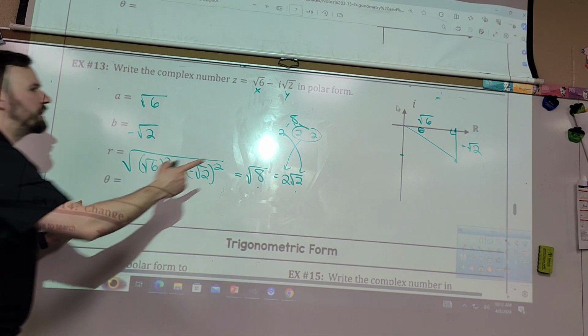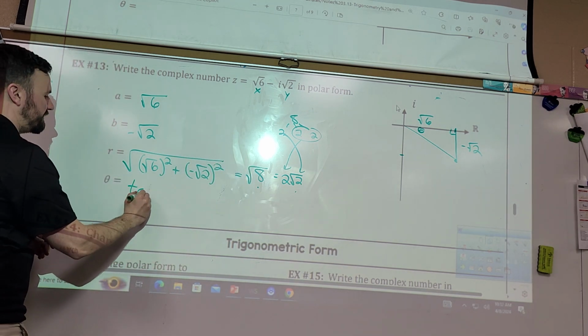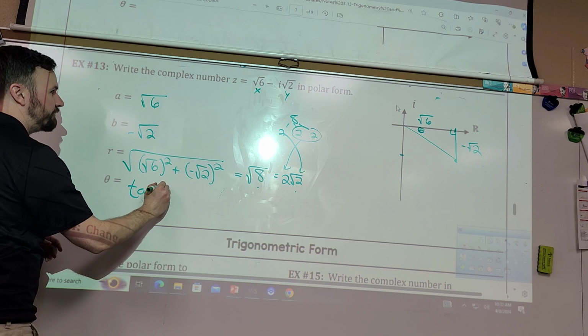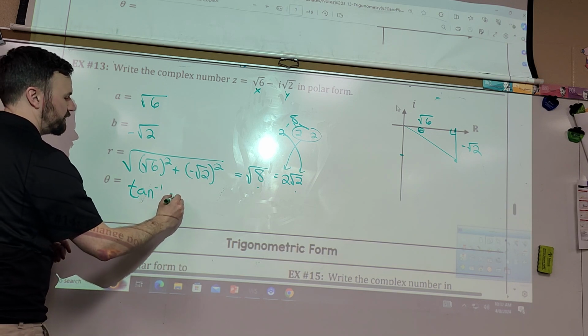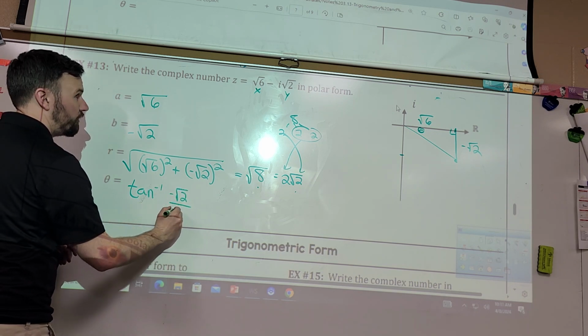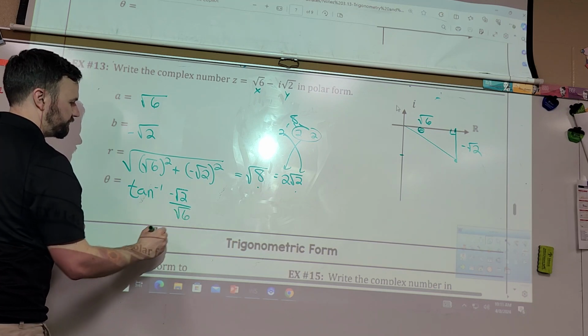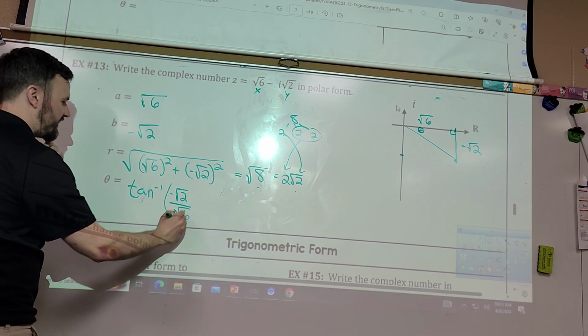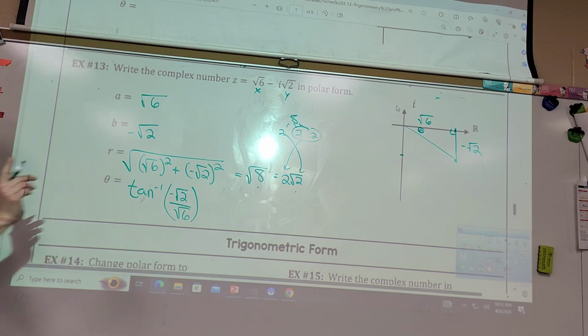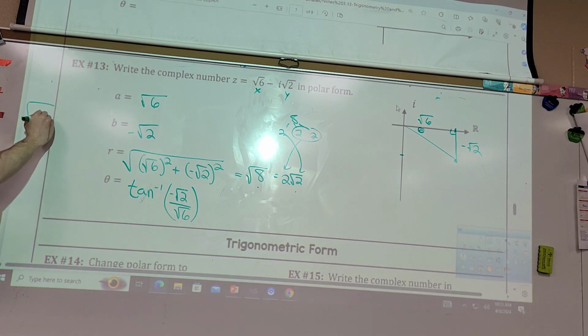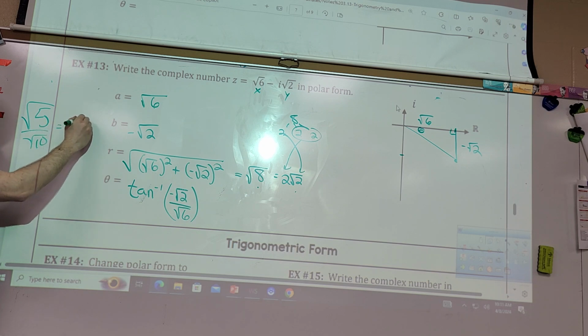So when I go to find theta, I'm going to do tan inverse of my y over x, right? With square roots, if you have like square root of 5 over square root of 10, can I simplify that?